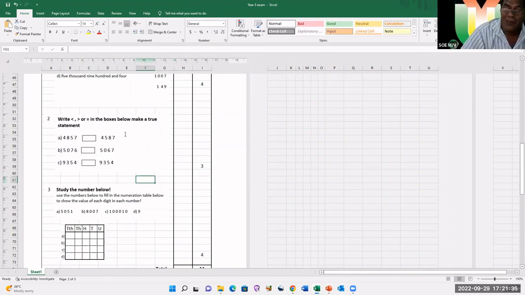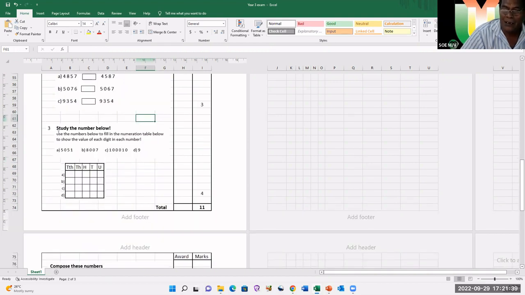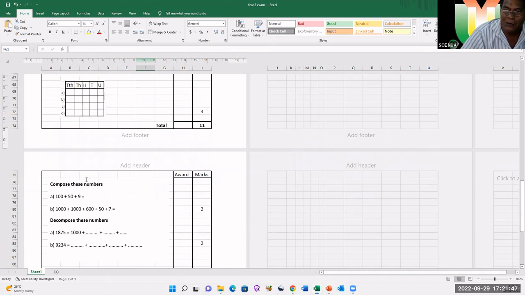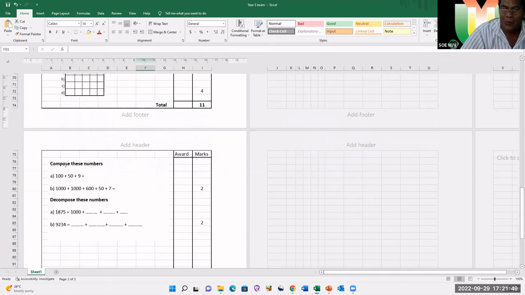We have 4 items based on the learning outcomes. First, all numbers. Then place values, understanding the place values of numbers, filling up a table. Then composing and decomposing numbers.